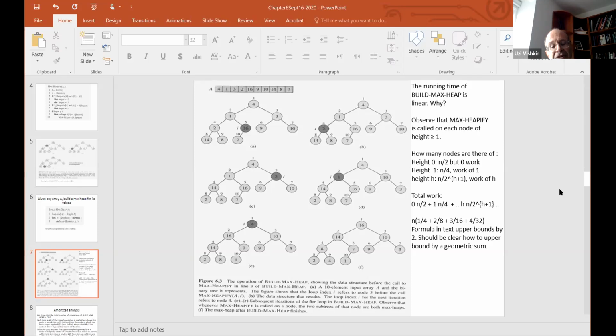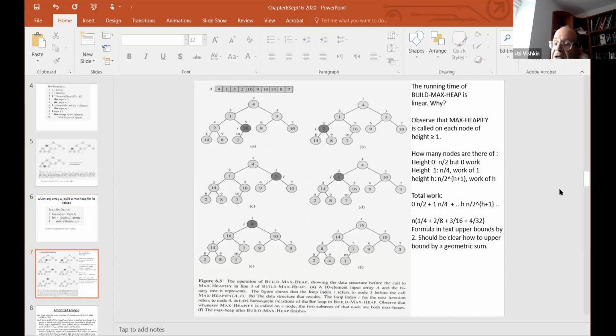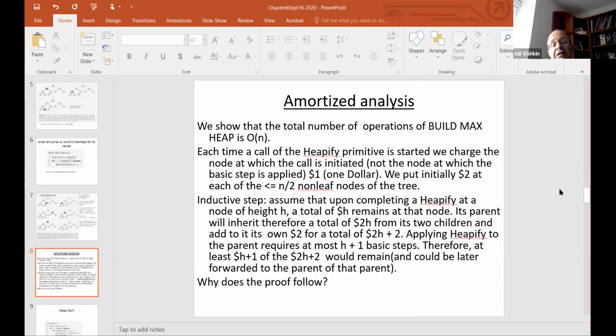What I wanted to demonstrate to you is how to reason about the complexity of build max heap using a completely different way of reasoning, which I would guess that either nobody has seen in this class or very few have seen before. And the technique is known by the term amortized analysis.